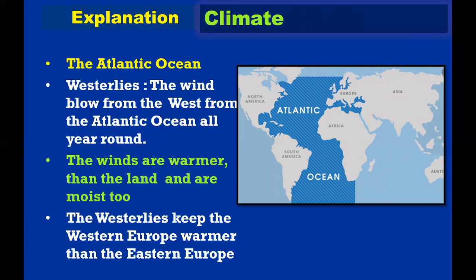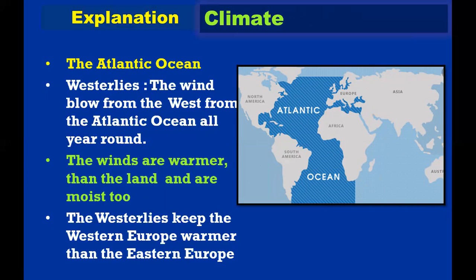As the warm current is flowing, the wind is warm, and when it blows, it keeps Western Europe warmer than Eastern Europe. If you compare, Eastern Europe is very cold in winter. Almost everything is frozen, but Western Europe is not as cold as Eastern Europe.